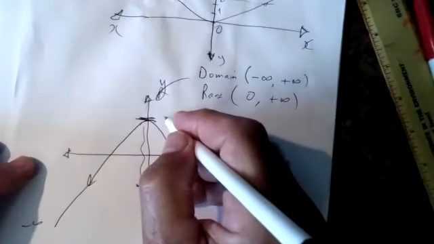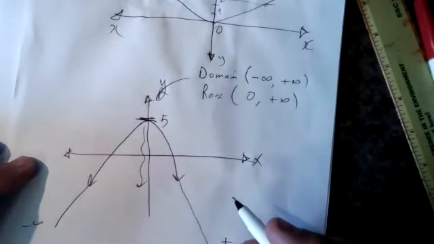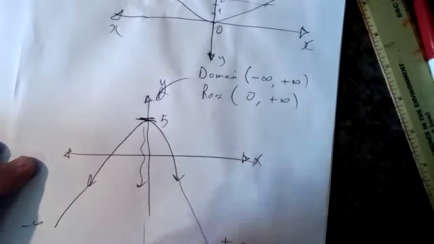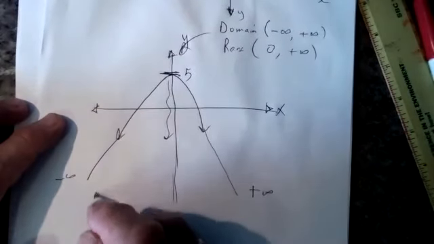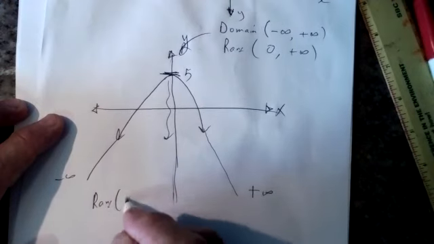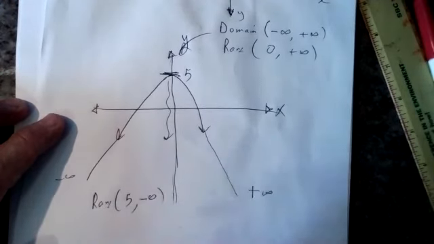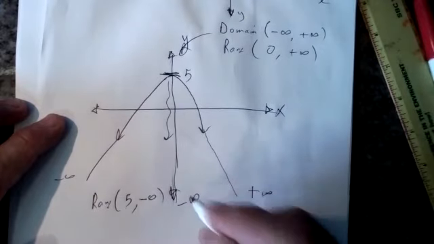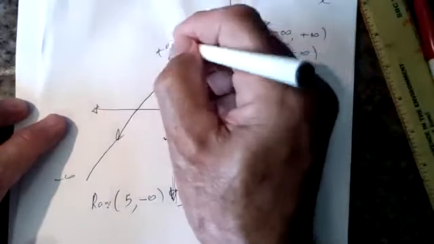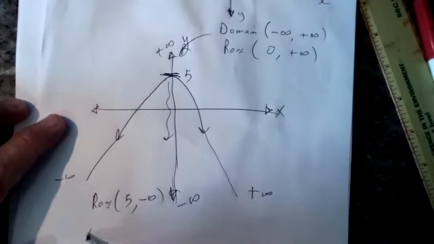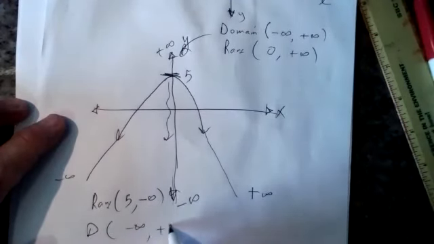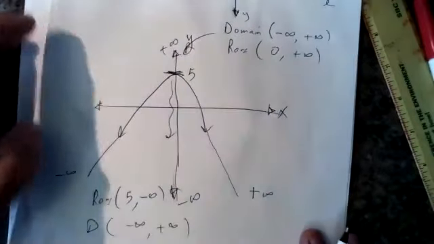So if this is like 5, it goes all the way from 5 to infinity. So the range is what? The range for this one is from 5 to negative infinity, right? Because this goes all the way to negative infinity, and the top is positive infinity. And what's the domain? Again, domain is all the way from negative infinity to positive infinity.